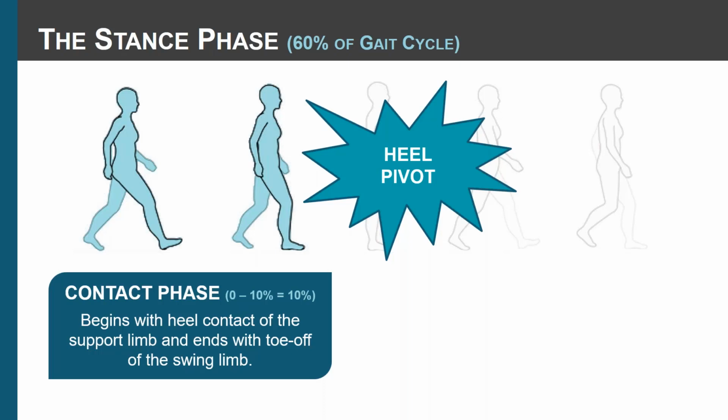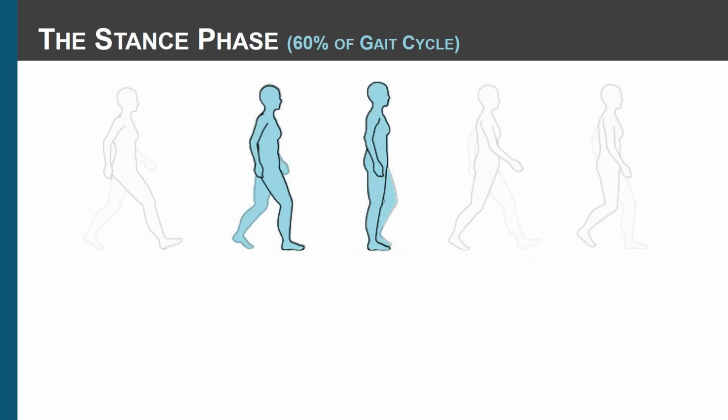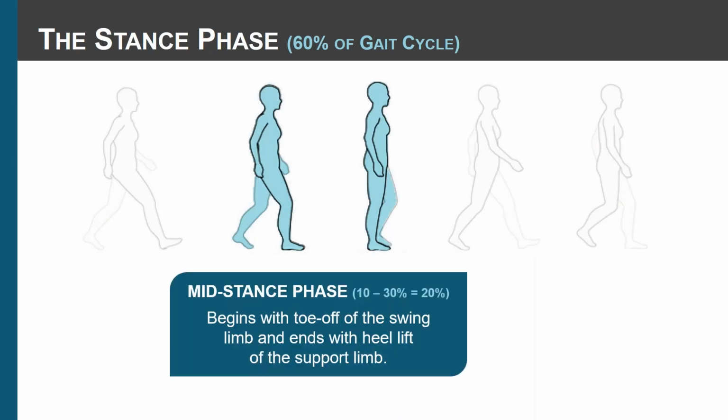This pivot occurs between the ground and the heel of the foot. The second subphase that we'll look at is called the mid-stance phase. It begins with the toe off of the swinging limb and ends with the heel lift of the support limb, and comprises about 20% of the stance phase.